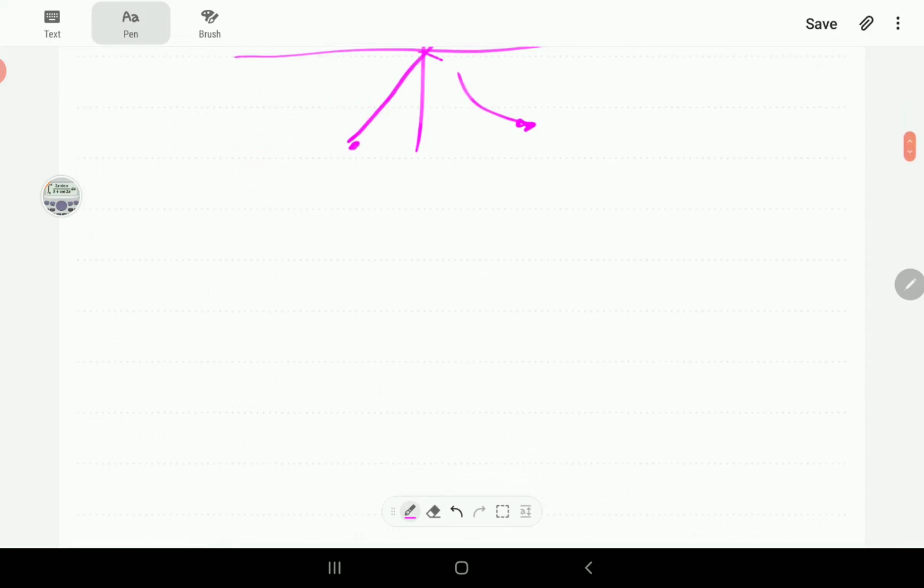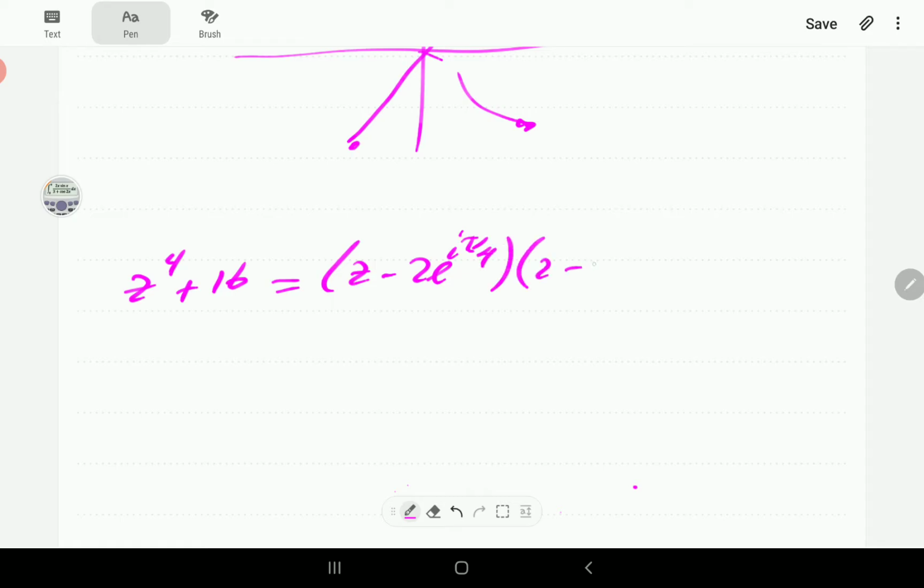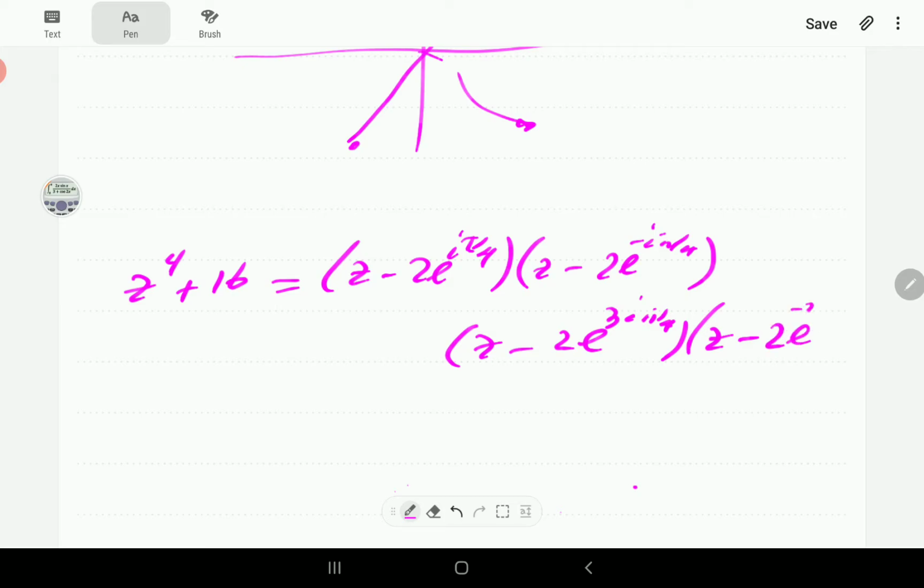What it means is that z to the power 4 plus 16 we can write as z minus 2e to the i pi on 4, times z minus 2e to the minus i pi on 4, times z minus 2e to the 3i pi on 4, and the last one, z minus 2e to the minus 3i pi on 4.